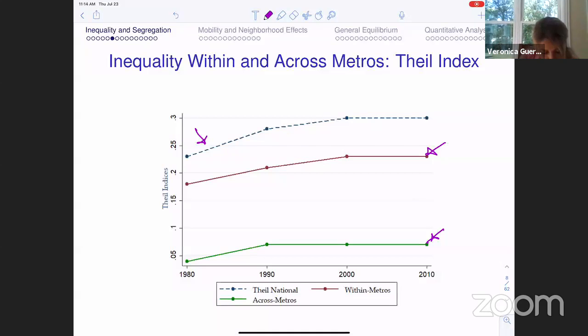Between 1980 and 1990, the increase across metro areas is probably more sizable than within metro areas. But between 1990 and 2000, for example, the increase in inequality within metro areas is probably even higher than across metro areas. This is not to say that one is more important than the other, but both are important to get the overall picture. I'm going to focus in this talk on the within metro area.